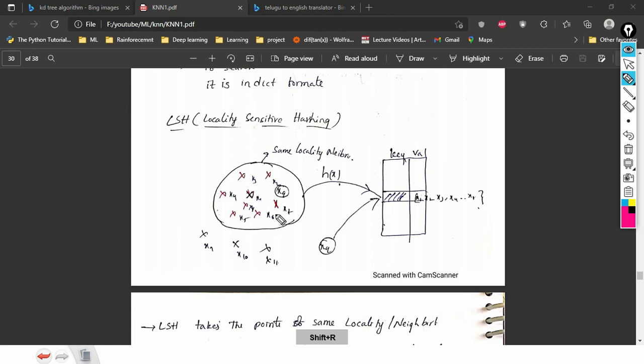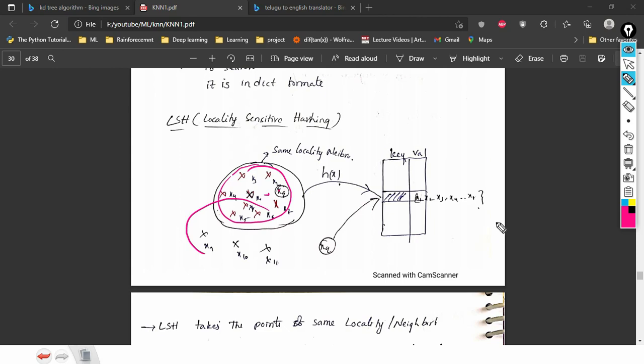For example, if this is the query point, it will only find the distance to all the points in this region. It won't go to another region like this.